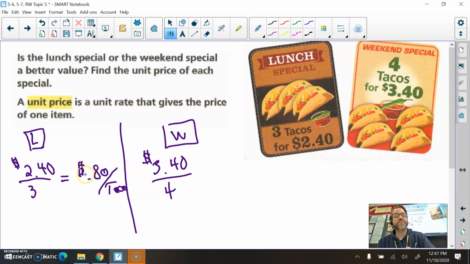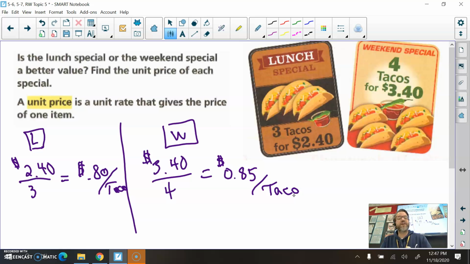Now over here, if you take $3.40 and divide by 4, and again, you can use a calculator for this. I'll just go ahead and do this mentally, and that's going to end up being 85 cents per taco. So then ask yourself, which one of these is the better buy?